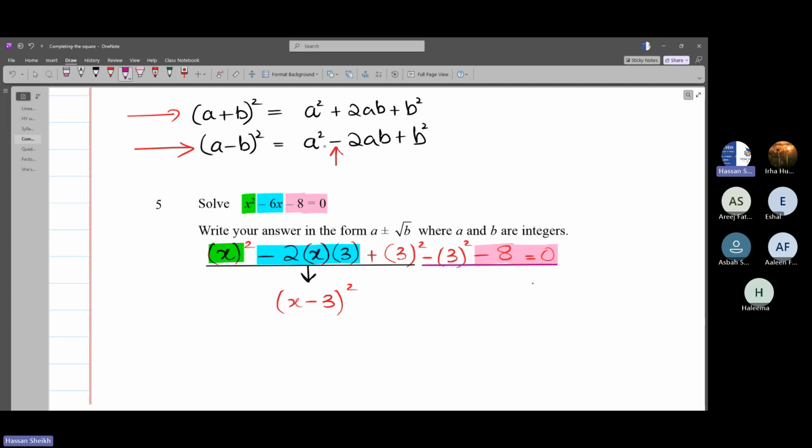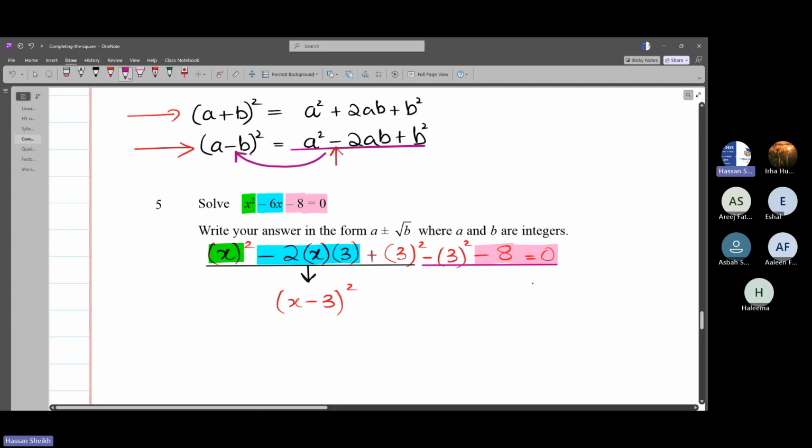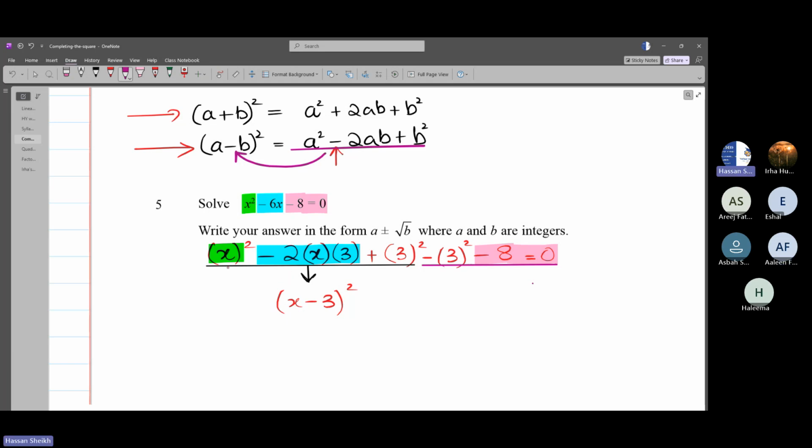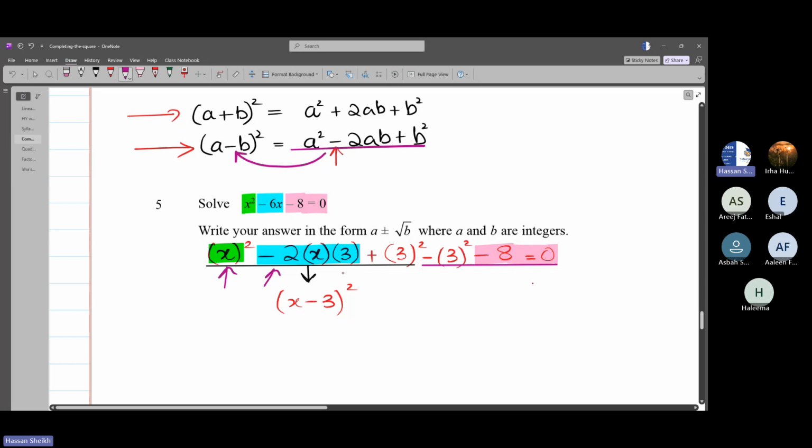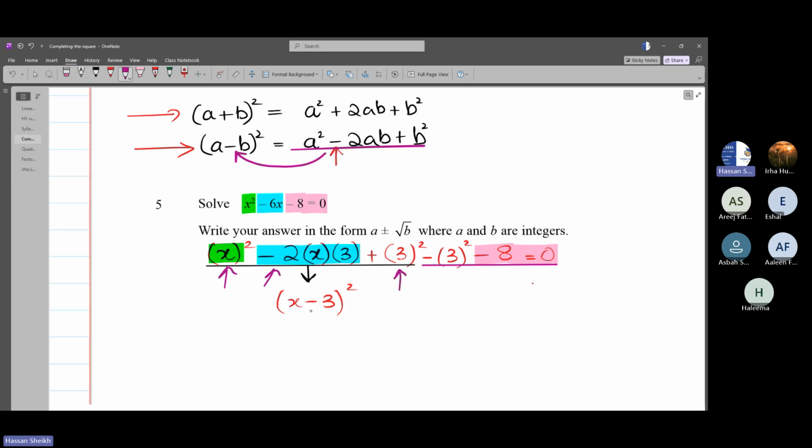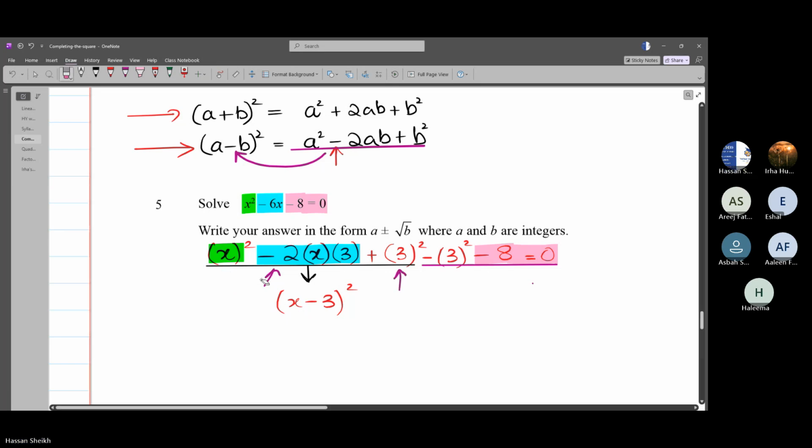Agree? Don't you think that this entire thing is equal to this one? A square minus 2ab plus b square. Do we have this a square minus 2ab plus b square?